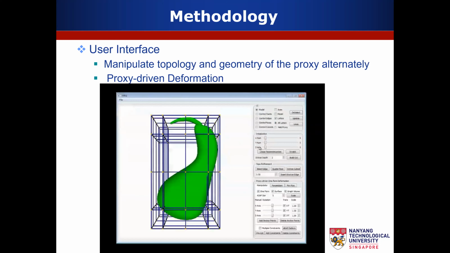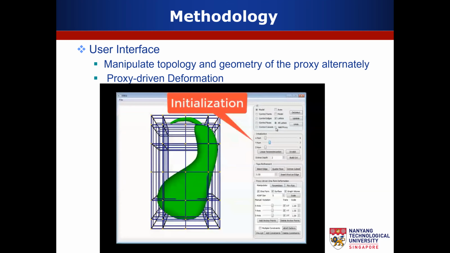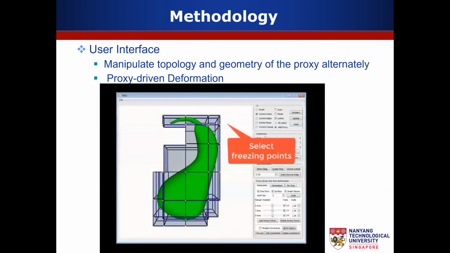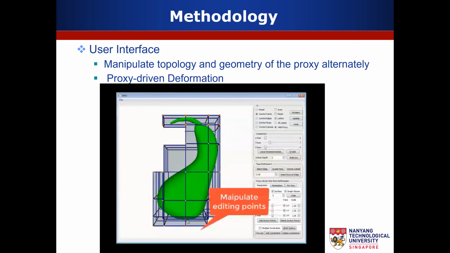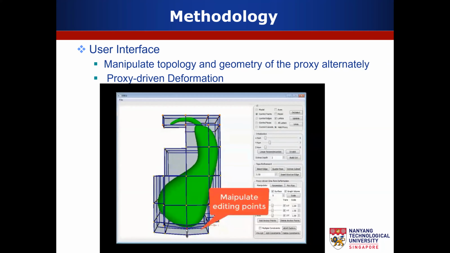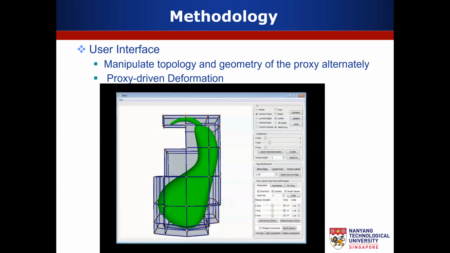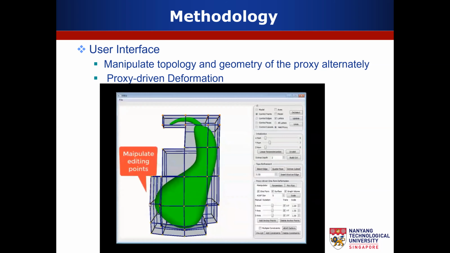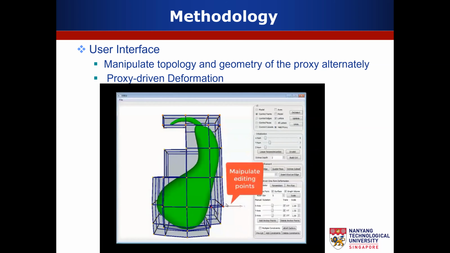Here is an example to show the capability and the efficiency of the proposed deformation method. So the user could select some points to edit the shape. And after that, he could manipulate geometrically and topologically, iteratively.